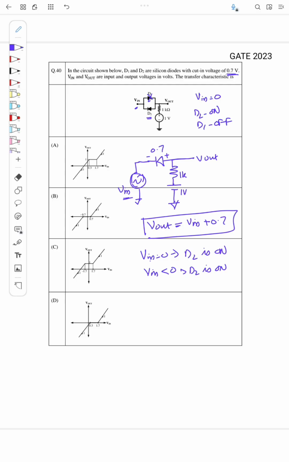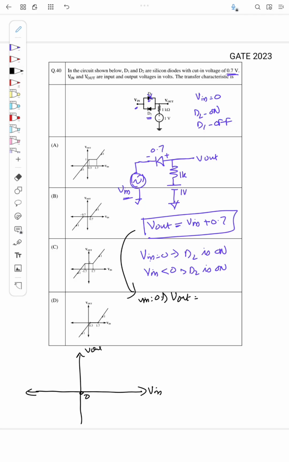So if I draw the transfer characteristics here, Vin, this is 0, and this is Vout. At Vin equal to 0, Vout will be equal to 0 plus 0.7, so Vout is 0.7 here.